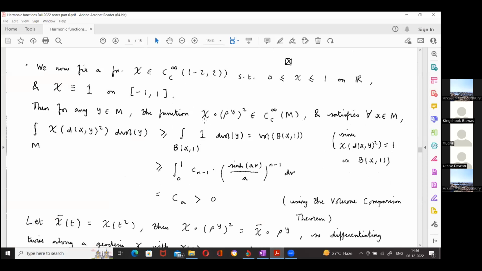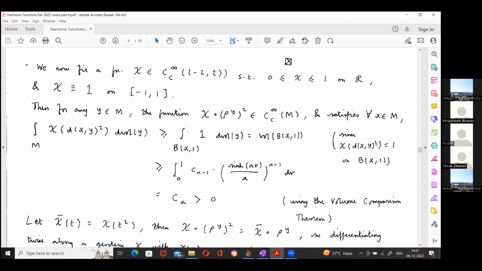All right, so let's first look at this function, chi composed with the distance function from y, whole squared. First of all, what is the L1 norm of this function? The L1 norm is the integral over M of chi of distance of x y whole squared d vol y. Now, chi is equal to 1 on the interval from -1 to 1.